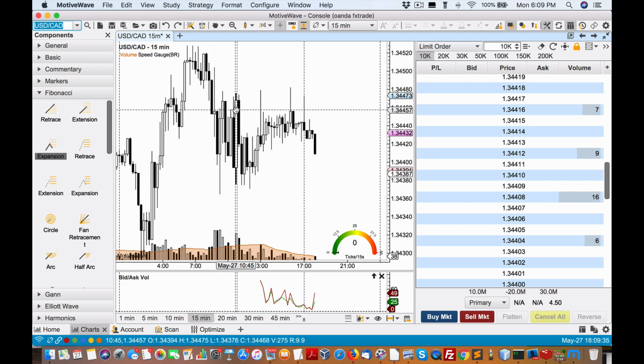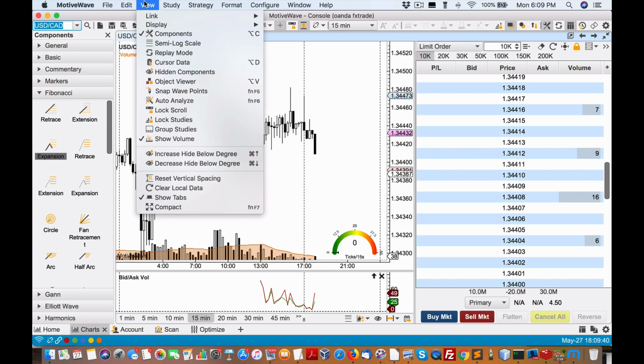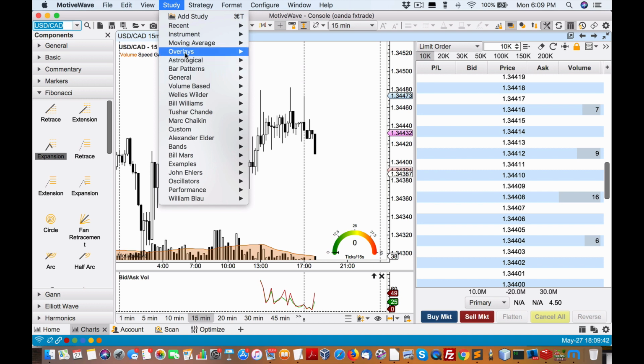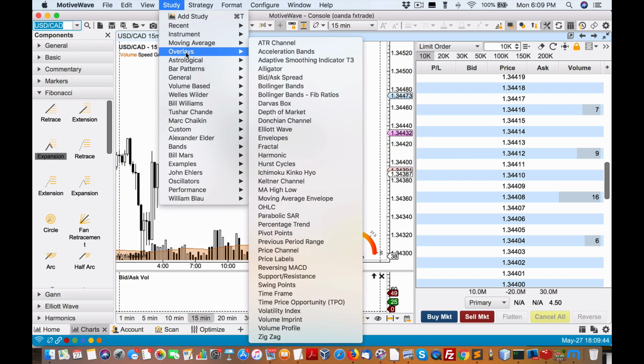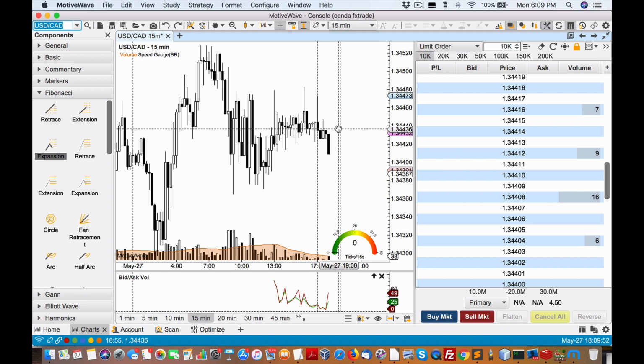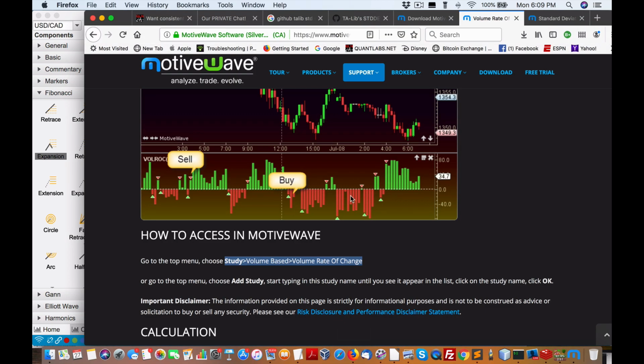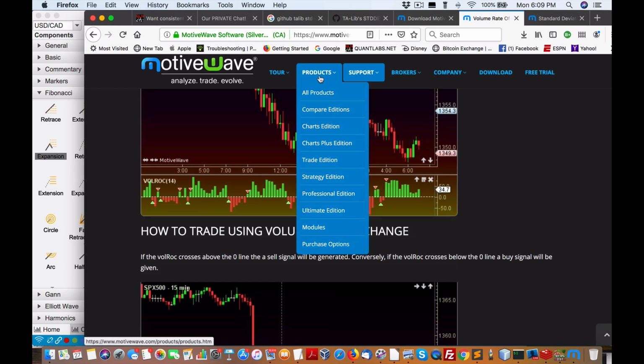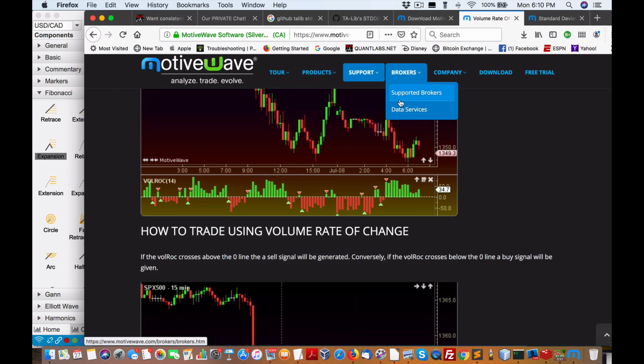Let's see here. There's not much else to really pay any attention to, but it's quite interesting that I should be really using this platform. The other thing I want you to know about MotiveWave is the brokers and supported data services.